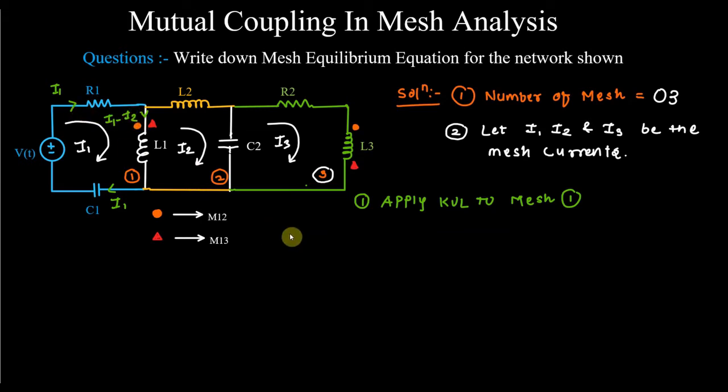So the equation is R1 into I1 plus, for the inductor, L1p with current I1 minus I2, and for the capacitor, 1 upon C1p with current I1. These are our 3 elements, so 3 terms I have written.